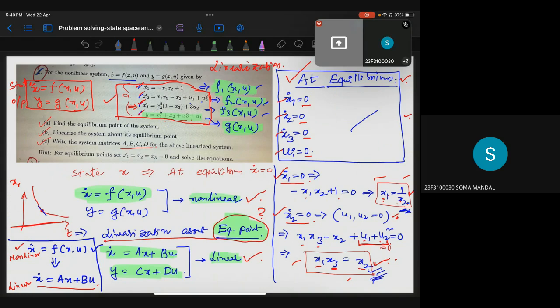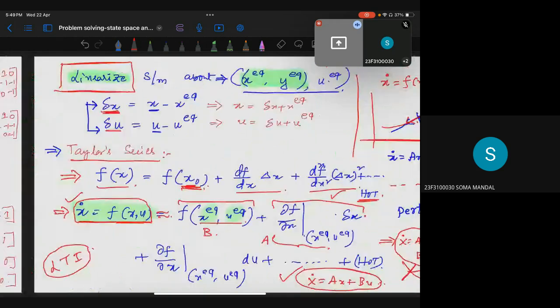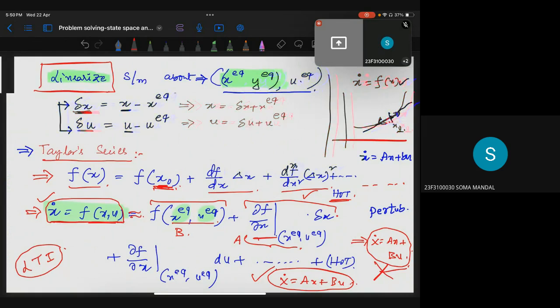How many equilibrium points there are, we can find by using this linearization step. We find the equilibrium points by equating the derivatives to 0. Then once we have those equilibrium points, we can find the ABCD matrices in this format. These matrices, the partial derivatives, come from the Taylor series expression.